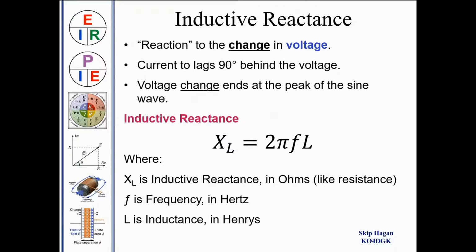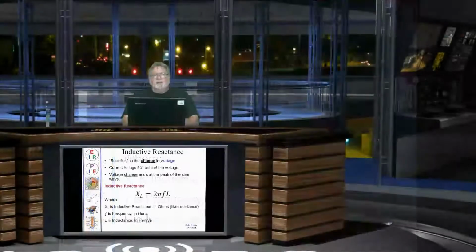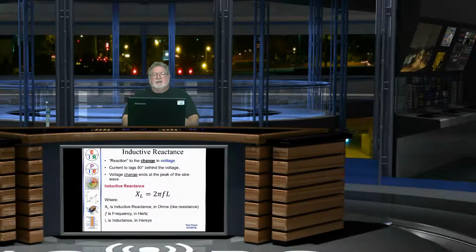So this inductive reactance induces a counter EMF, or a counter voltage, that holds the current back until it reaches its peak and starts to come back down again. Once the voltage reaches a peak and starts to come down, then we'll see current begin to flow. And when voltage reaches 0 at 180 degrees, we'll see that current reaches its maximum, or its peak.